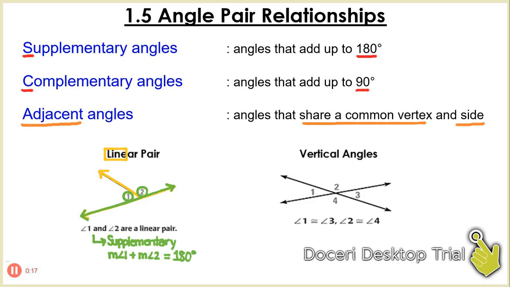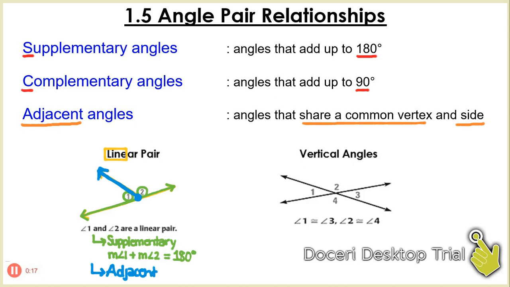I would also like to take note that those two angles, if you notice, share a common vertex right here and a side. This also means that linear pairs are also adjacent to each other. So we can also say that those angles are adjacent. They are next door neighbors.